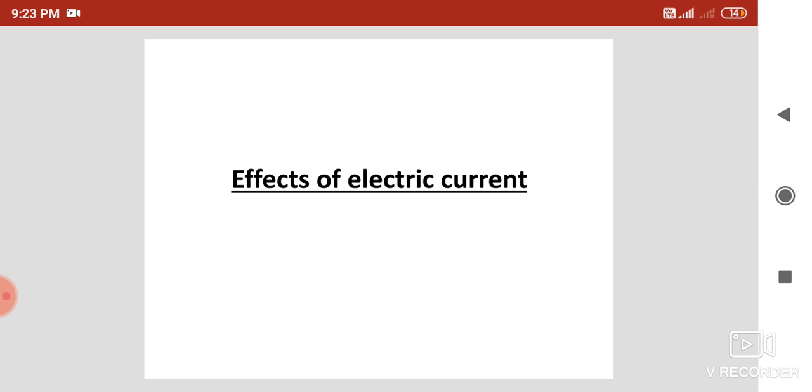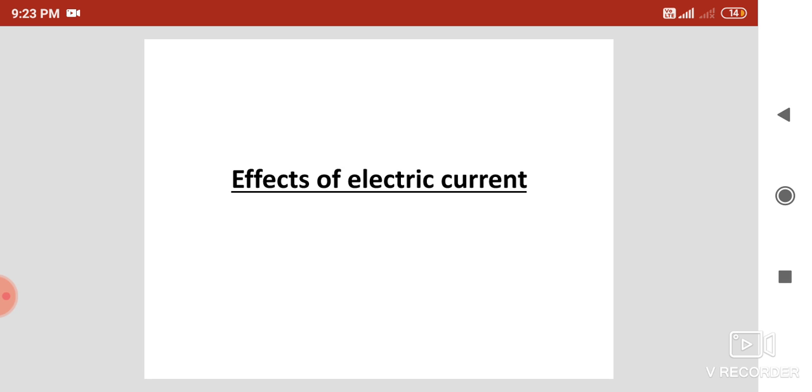Then we have seen the appliances where this heating effect of electric current is observed, that is electric iron, electric oven, electric heater, electric geyser and so on.